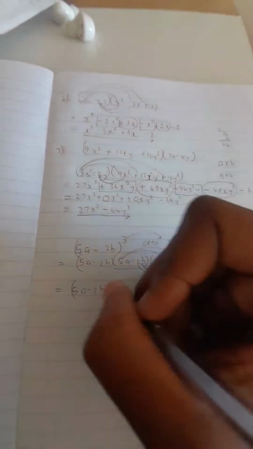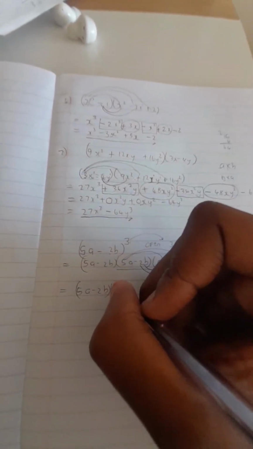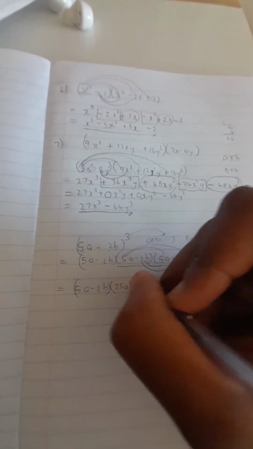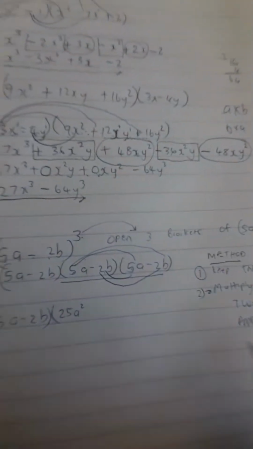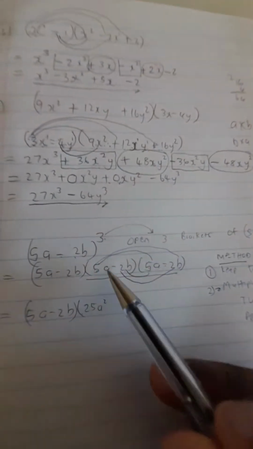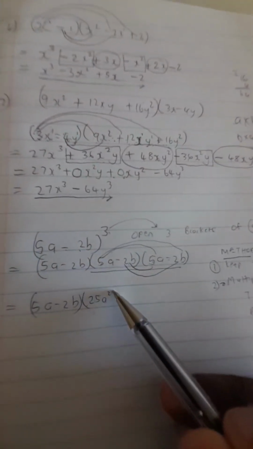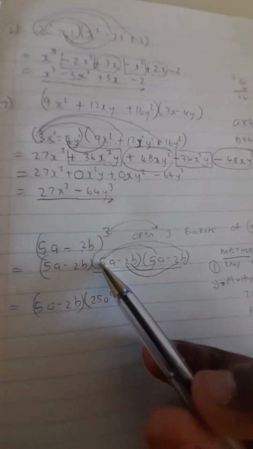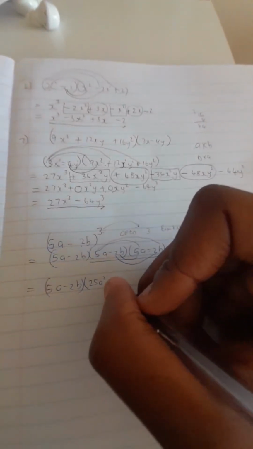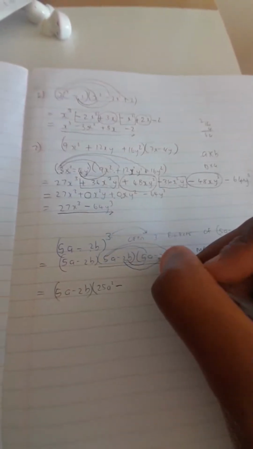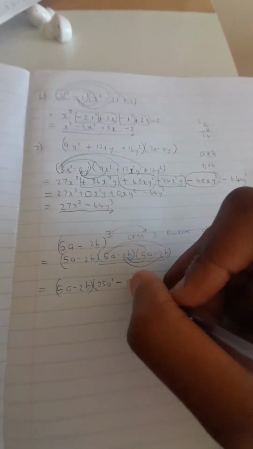So 5a times 5a, sign, number, letter: 25a squared. I'm sure you get the drill. Positive times positive, positive. 5 times 5, 25. A times a, we keep the base a and add the exponents: a squared. 5a times negative 2b: positive times negative, negative. 5 times 2, 10.